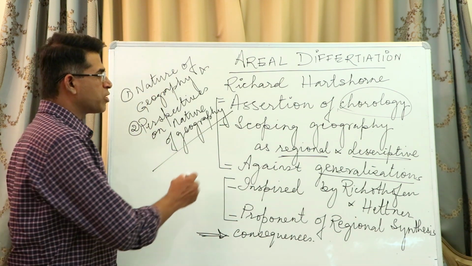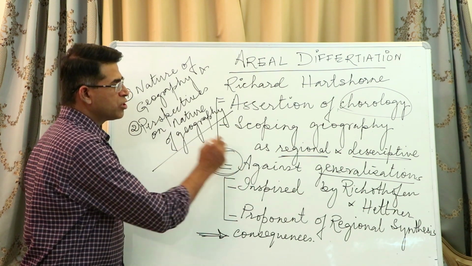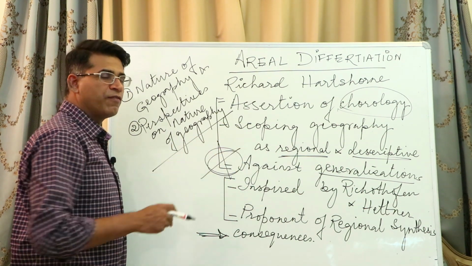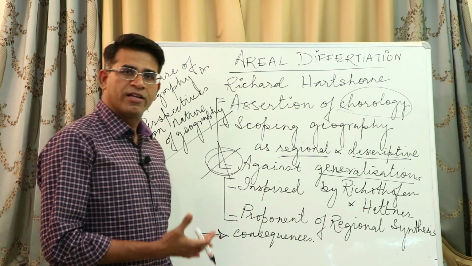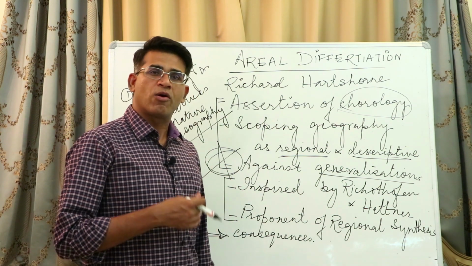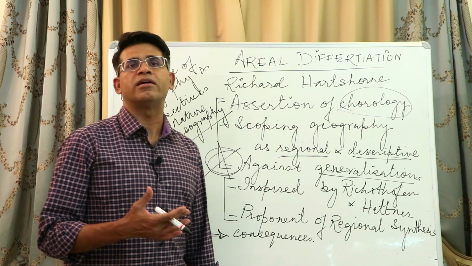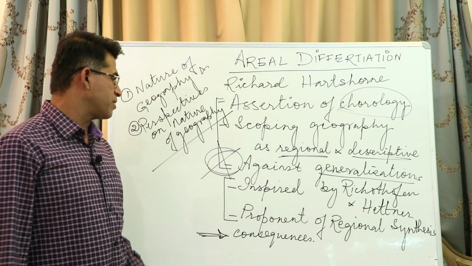So Hartshorne is trying to tell us that that approach is not the right approach. Geography should continue to be descriptive. Geography should continue to be chorological and not use the methods of the logical sciences.